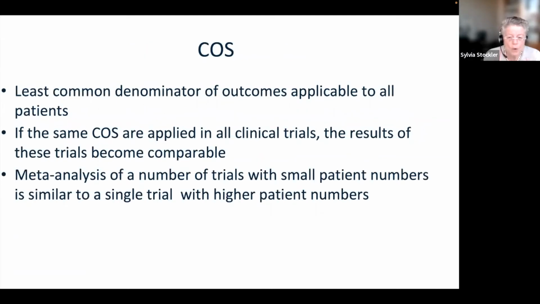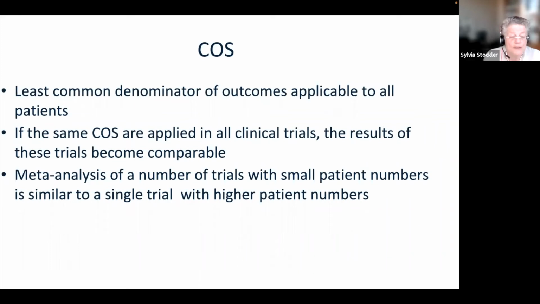So looking at this again, I think the last example showed that there are some symptoms that are shared by all patients with a condition and others that are only shared by some of them. This means that core outcome sets are the least common denominator of outcomes that are applicable to all patients. So we have to make sure that everything we put into a core outcome set applies to everybody with the disease.